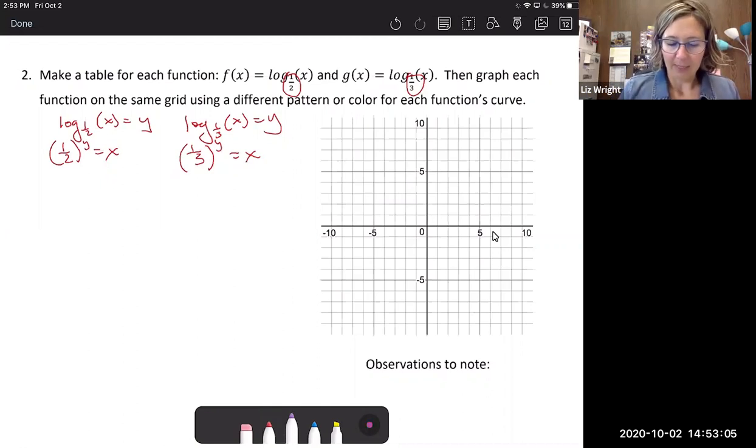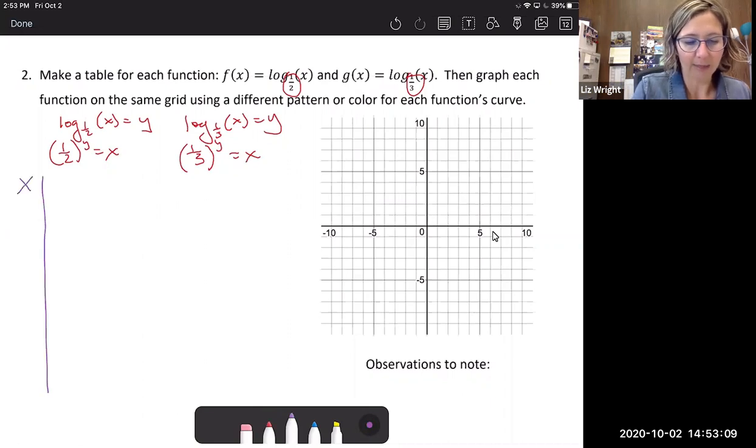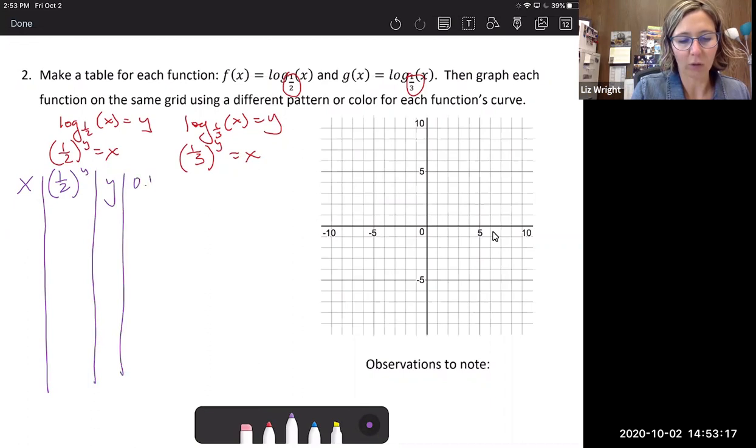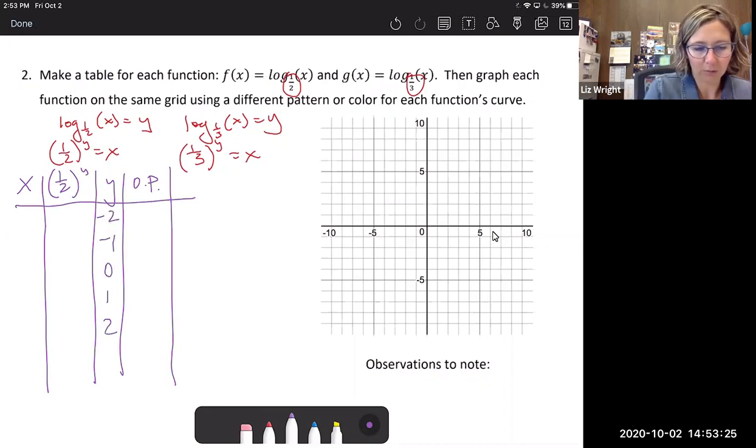I'm going to go ahead and make the first one purple. So we're going to have x and then our function of 1/2 to the y. Then I'm going to have y, and then an ordered pair. So then we're going to have, again, -2, -1, 0, 1, and 2.